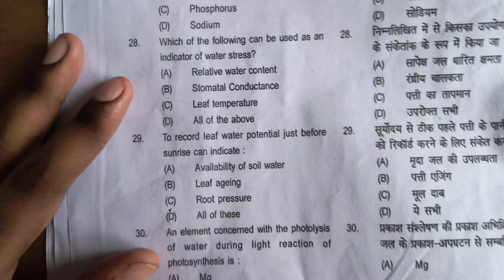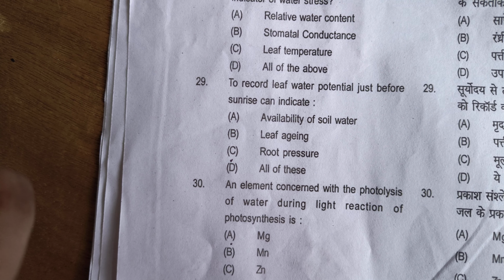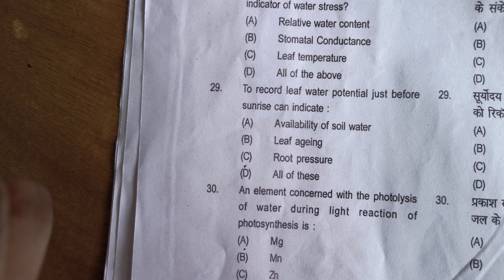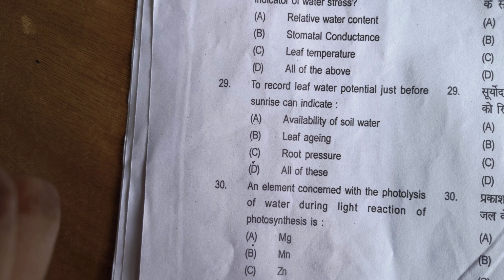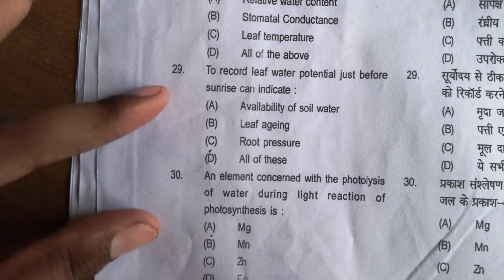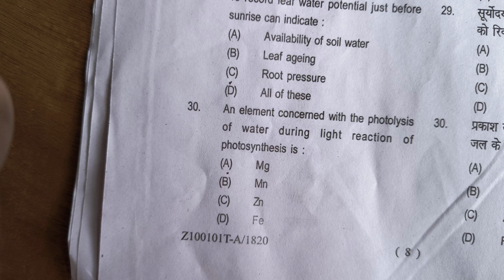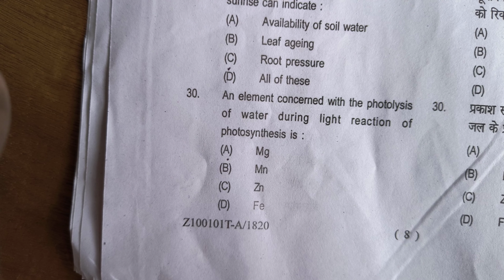Next, to reduce leaf water potential just before sunrise, option D is correct: all of the above, meaning availability of soil water, leaf aging and root pressure. Next, an element connected with the photolysis of water during light reaction of photosynthesis is manganese.